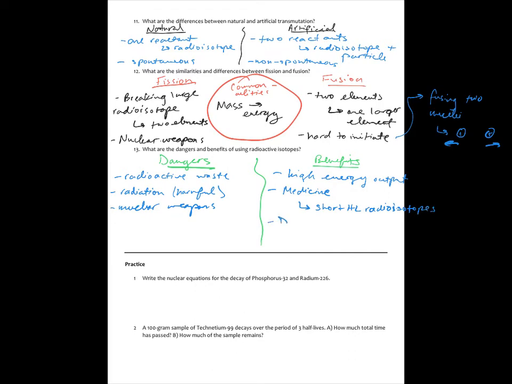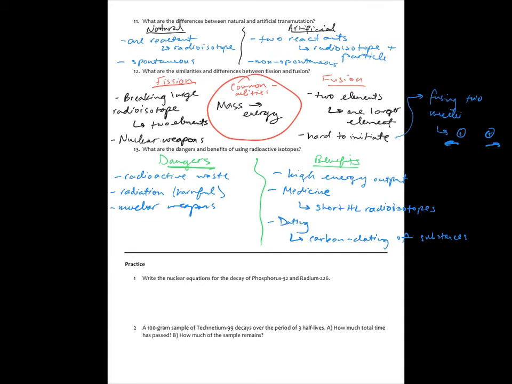And then for dating, an example would be carbon dating of substances. You can use carbon radioactive isotopes to help you determine the age of some substances. That's why it's called dating. How far back did they go? And usually for those you require the use of longer half-life radioisotopes, just so they can last longer.